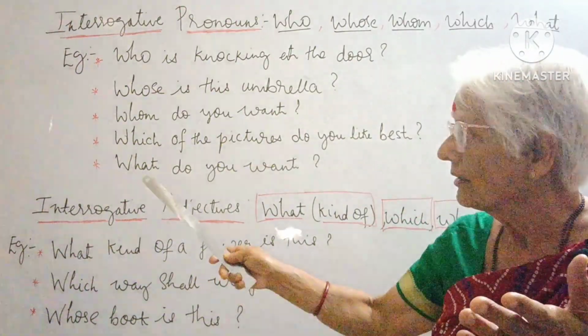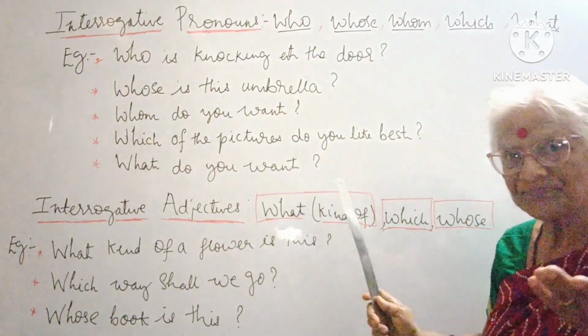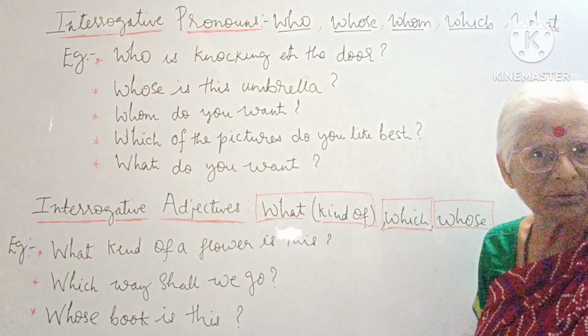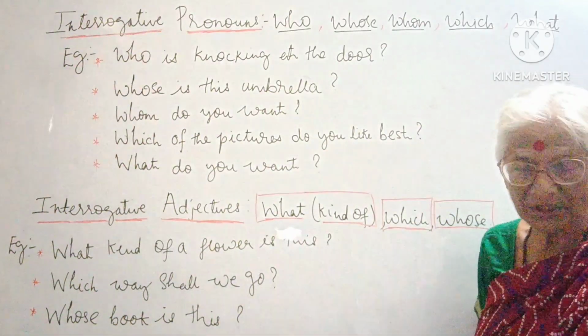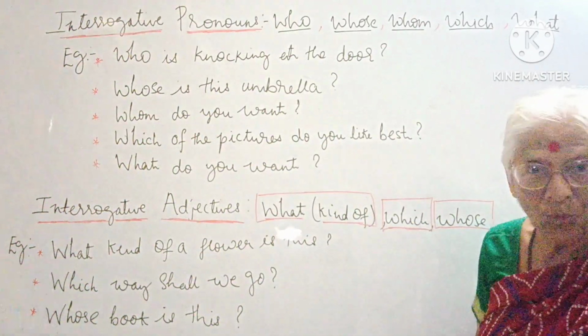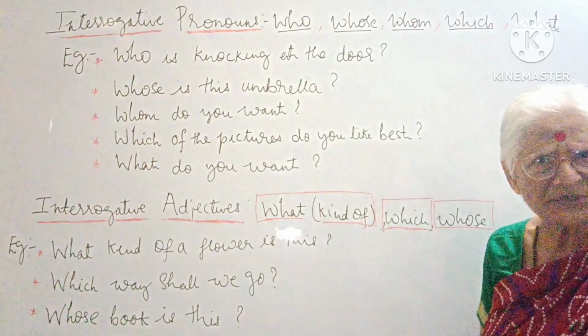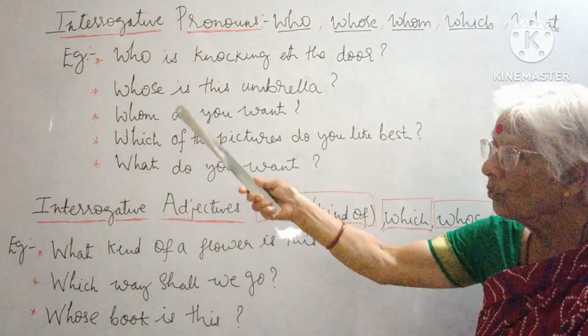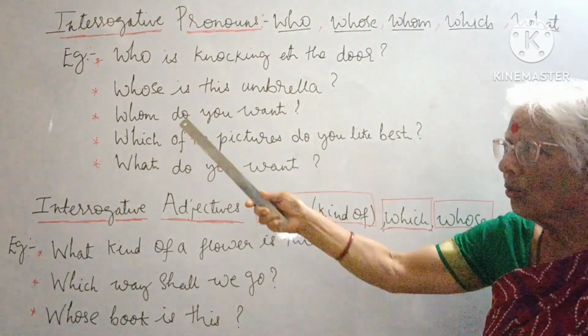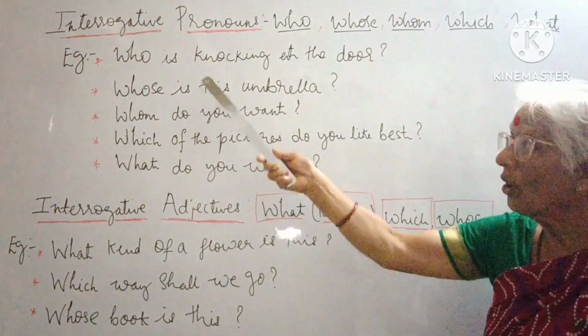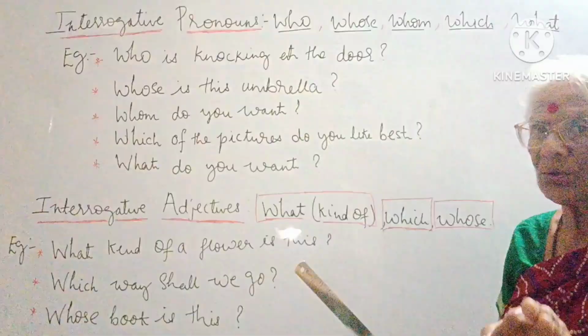Now come to the next one. What do you want? I want a book. I want a glass of water. I want to leave the room. So many answers you can specify. So all these, who, whose, whom, which and what, are interrogative pronouns.